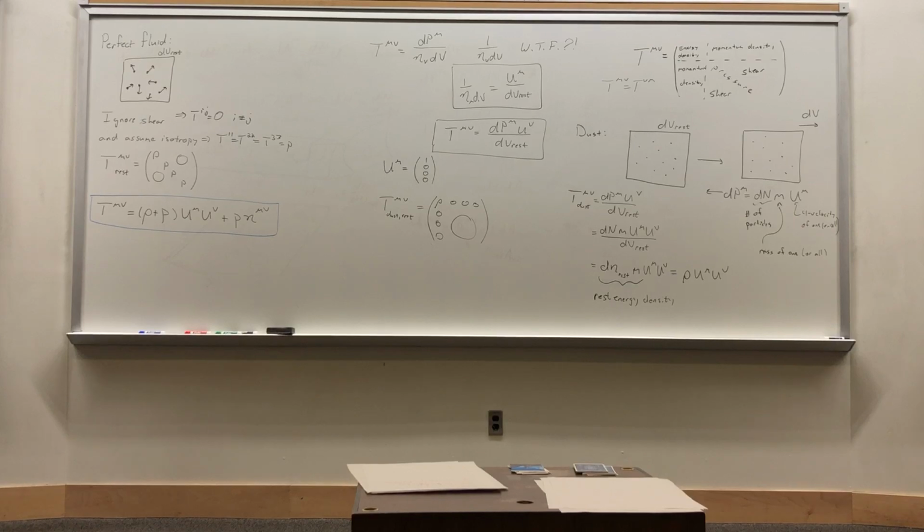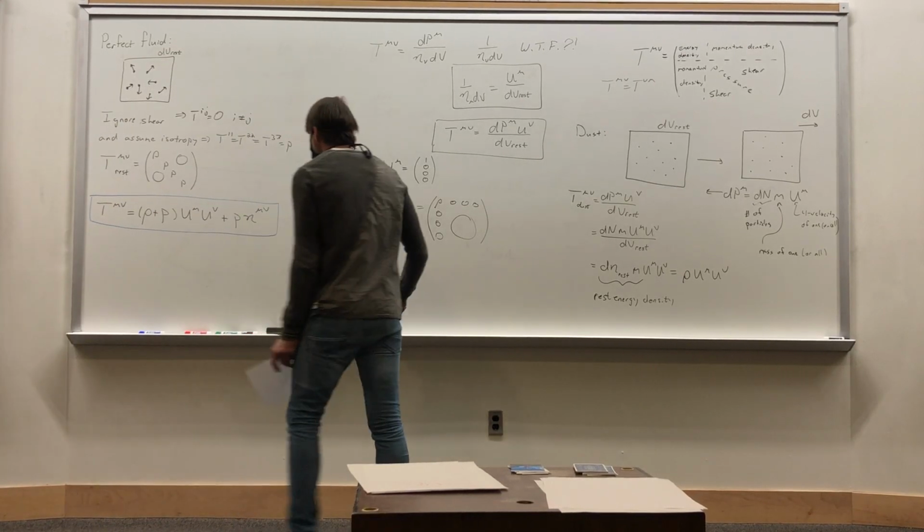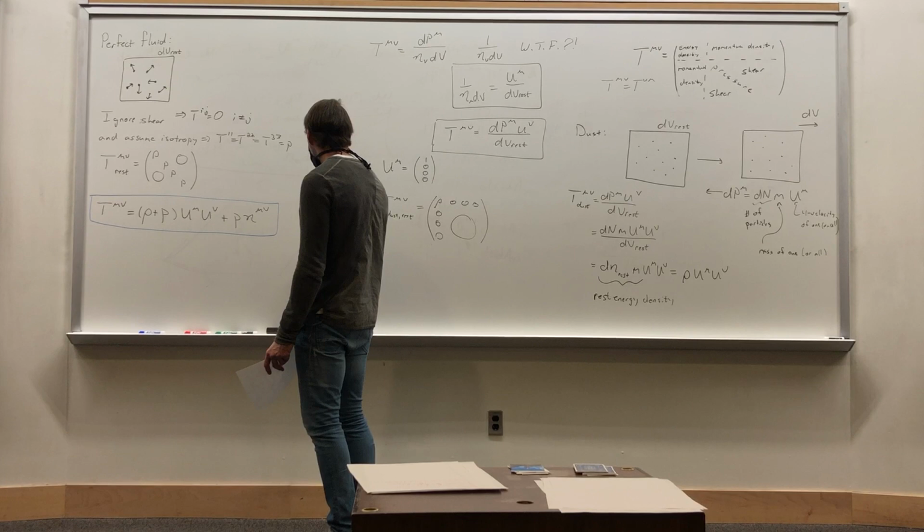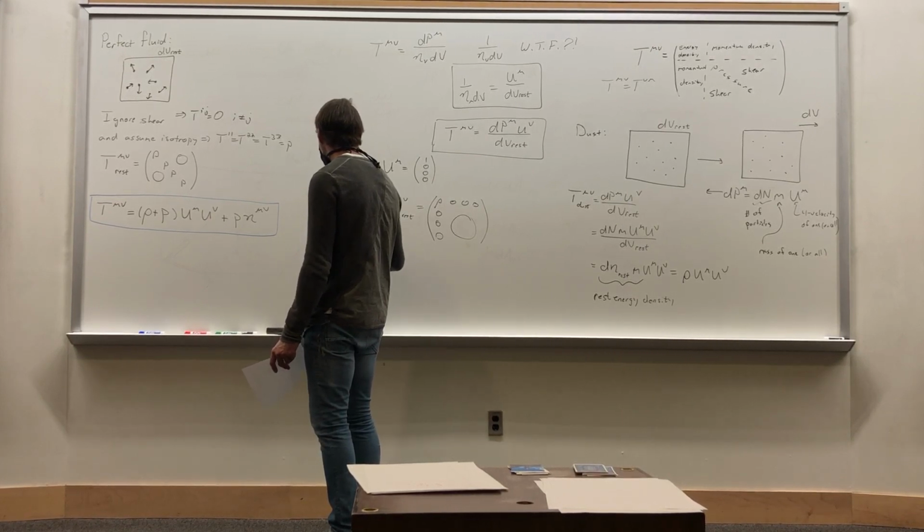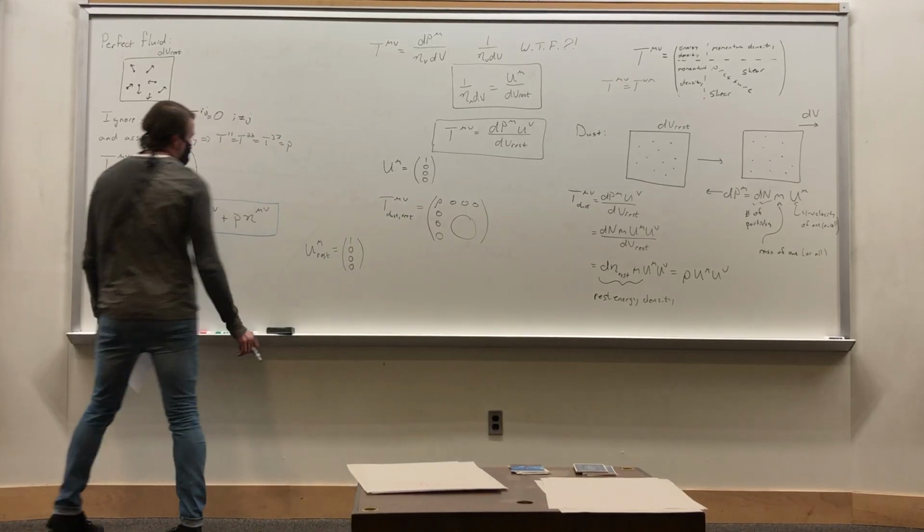So first of all, just to verify in at least one instance that this equation gives us a result that we've already seen, well, let's imagine u mu at rest, well, that's 1, 0, 0, 0. Okay?